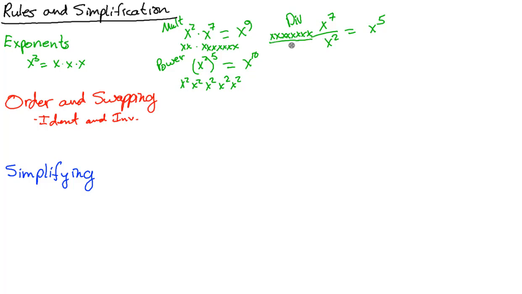And we're dividing it by 2 of them timesing together down on the bottom. That cancels with that. And look at that. 1, 2, 3, 4, 5. Oh, did I count too many of them? I did indeed. Let's get rid of that guy. Now we have x to the 7th over x squared. And yeah, we got 5 of them right there. So division leads to subtraction of exponents.